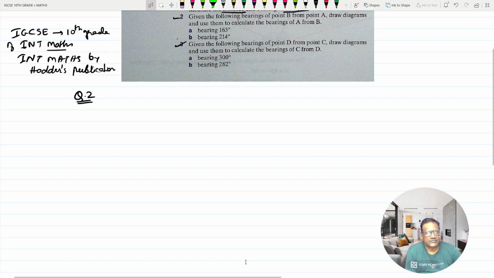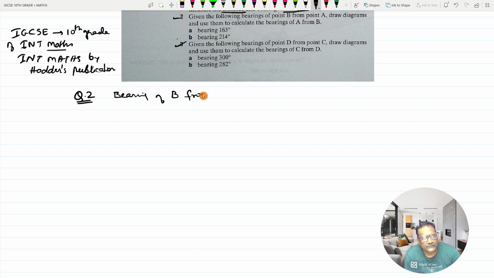Question number 2 says that given the following bearing of point B from point A, the bearing of point B from point A is given as 163 degree in the A sub question, and in the B sub question it is given as 214 degree.